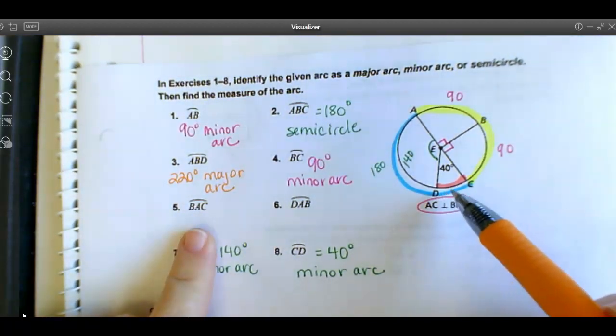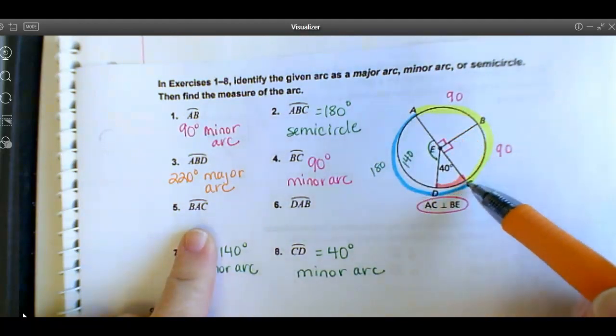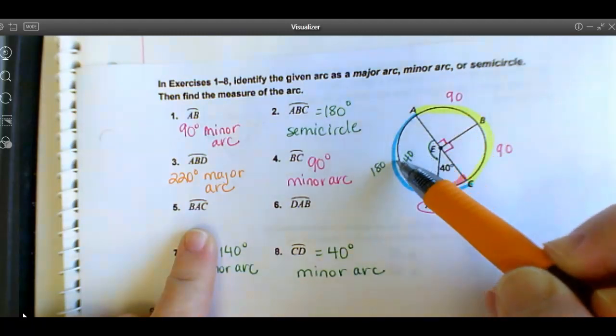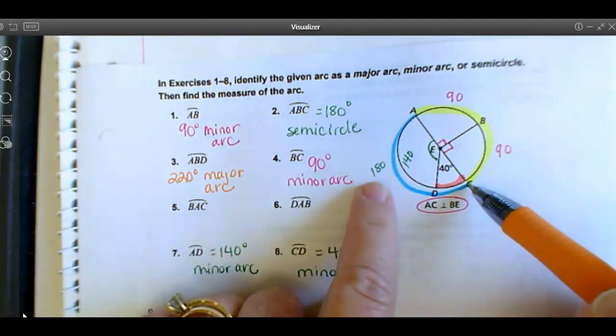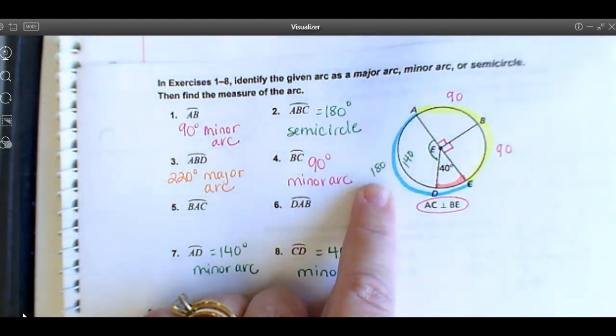Okay, let's look at this one. B, A, C. So I'm going B to A, which is 90. Then I'm going from A to C, that's 180. So that's 90 and 180, which is 270.